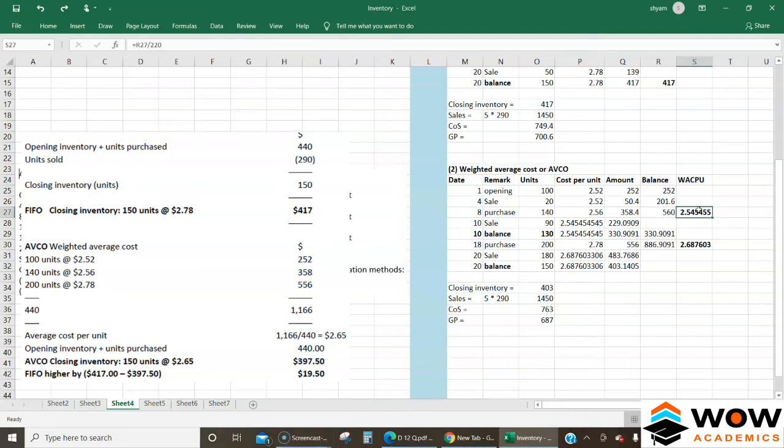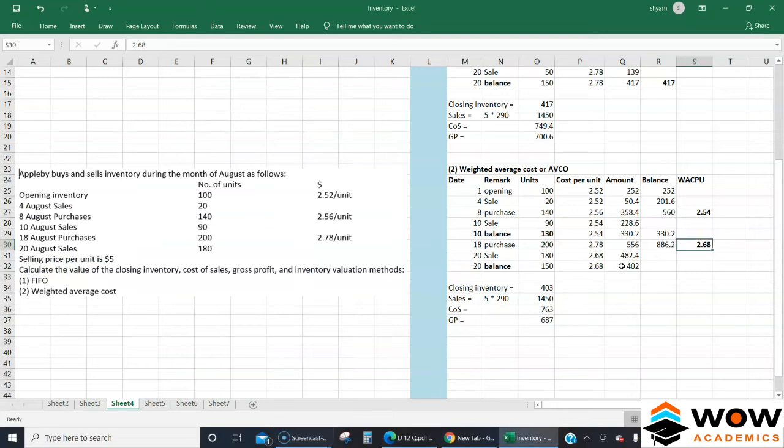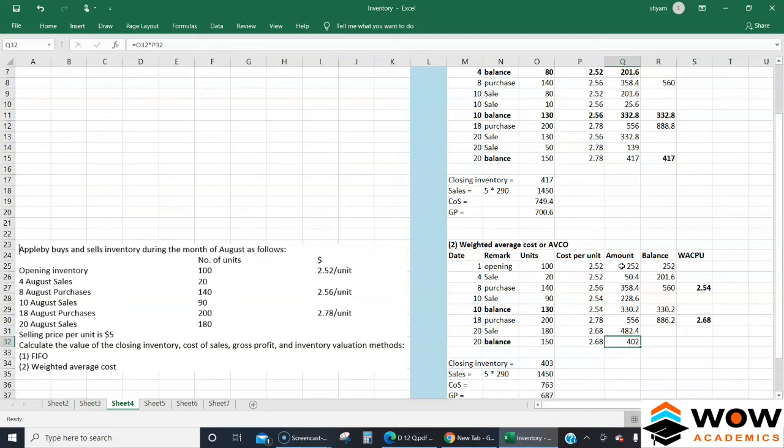We'll put it as 2.54. Our answer comes to 402. It's reducing a little bit. We'll round off this to 2.68. So that might be some rounding off mistake. So this is the kind of answer here.